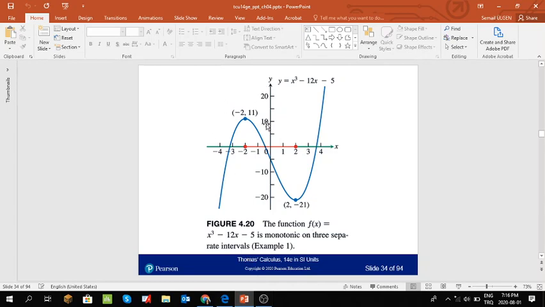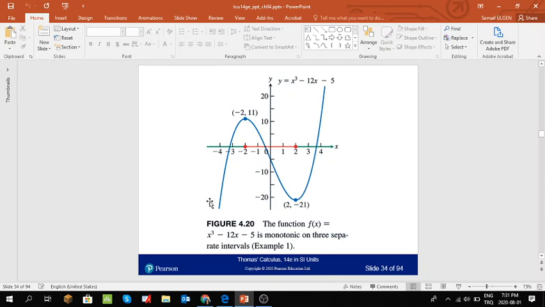This function f is given, x cubed minus 12x minus 5, and we want to know where this function is increasing or decreasing. So we have this f and we want to show where this f is monotonic.